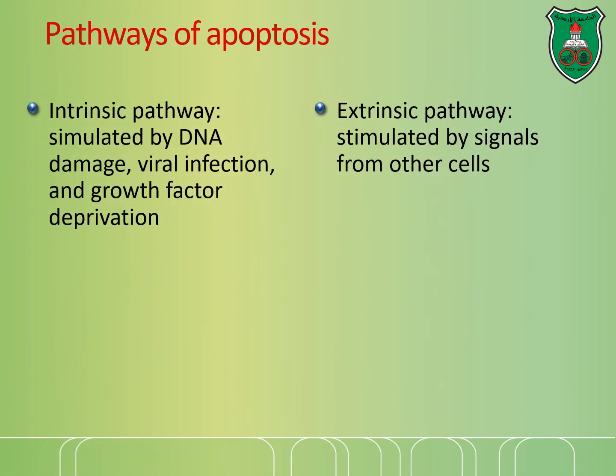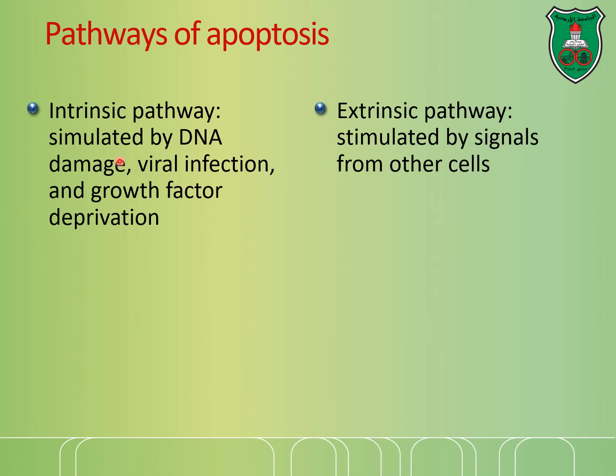Now, there are two pathways for apoptosis. We have an intrinsic pathway and an extrinsic pathway. Now, the intrinsic pathway is basically a factor or an event that is induced from inside of the cell.